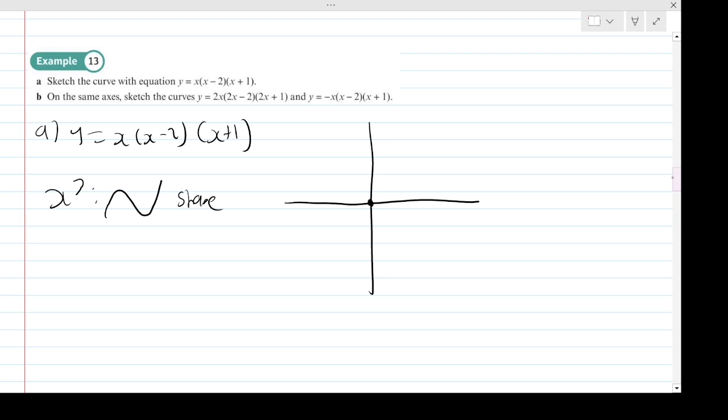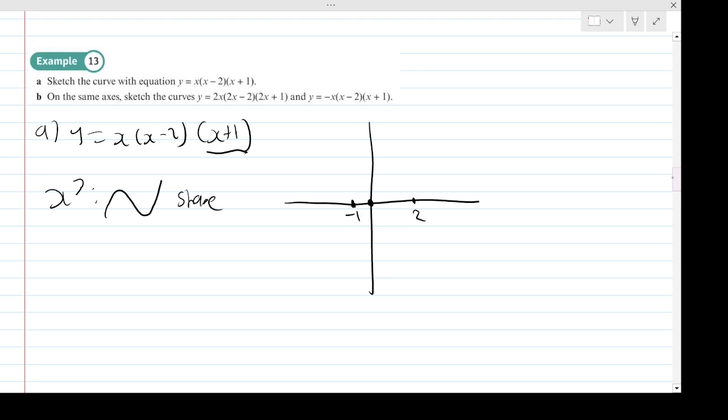Then I need to find the roots, which are when y is 0. That means when each bracket equals 0. So the first root is x is 0, that's the origin. Then x minus 2 is 0, so x would be 2. Then x plus 1 is 0, so x would be minus 1.